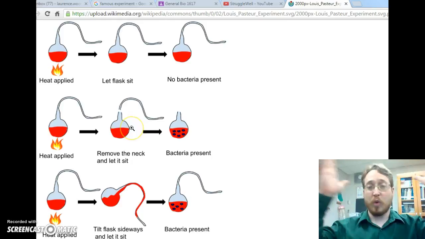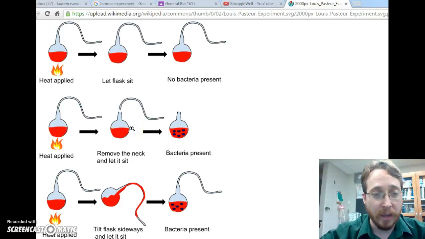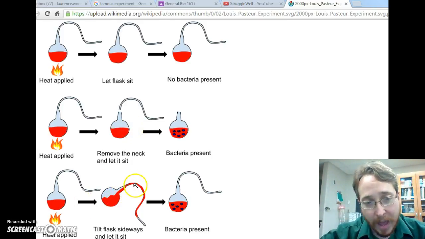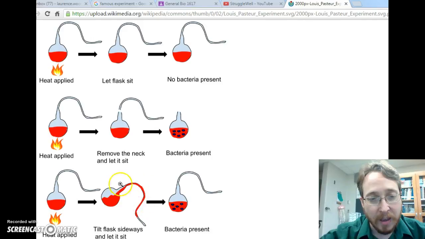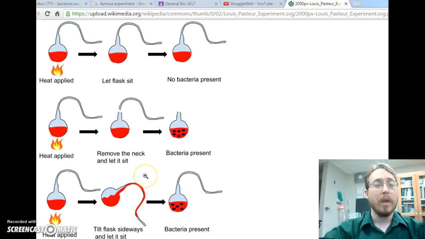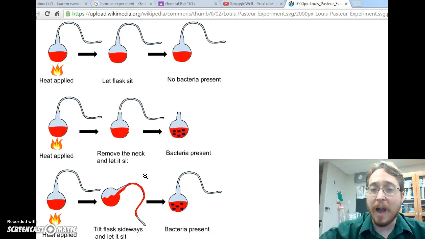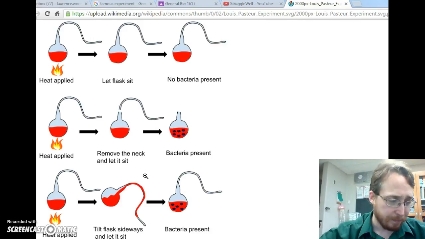So now this is just straight up open to the air. Anything could fall in. And in this one, they still had the neck, but they coated the neck with broth all the way to the bottom. So if there was anything in the neck, it could get in the broth and it would go back in. So that was the independent variable. It is how air is getting into the broth.